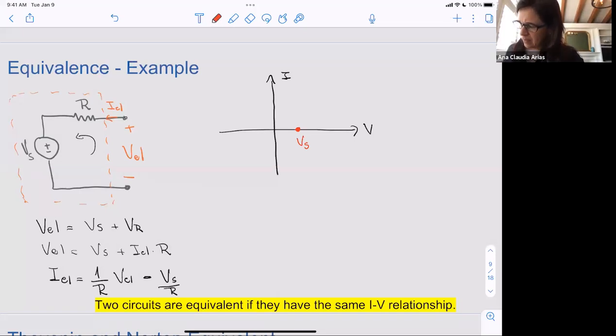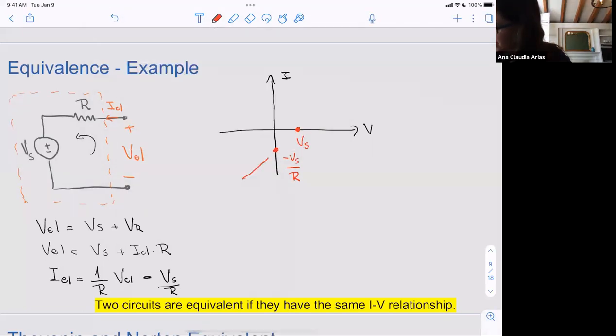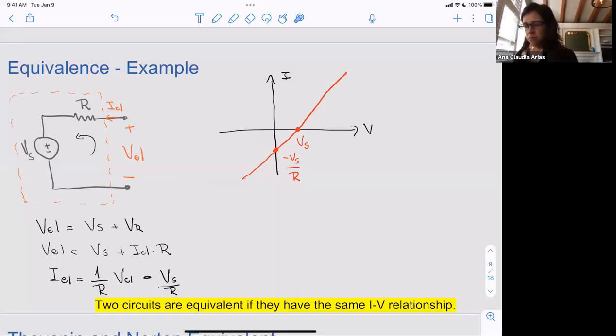So I come here and say, if the current equals 0, that means that the value here where it crosses the I axis will be minus Vs over R. So now we got the slope and we got where it crosses. We can draw our IV characteristics, which is a combination of a voltage source and a resistor.